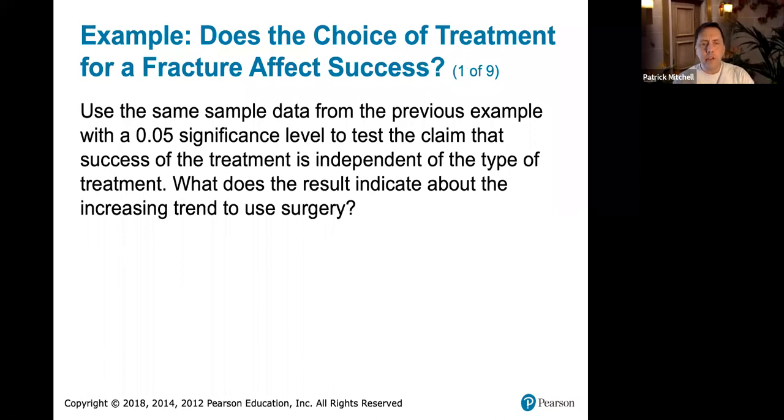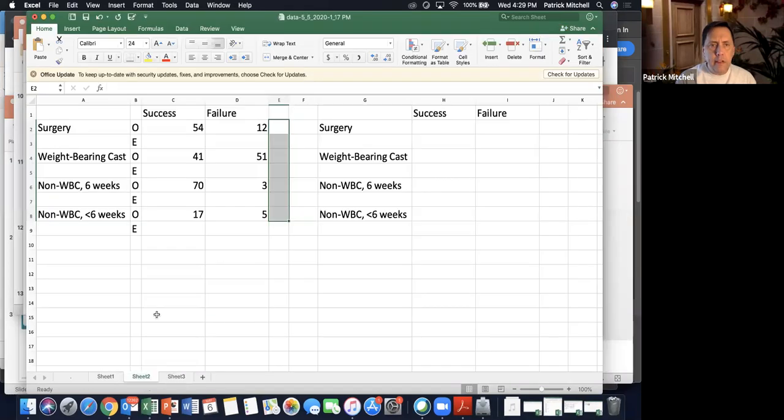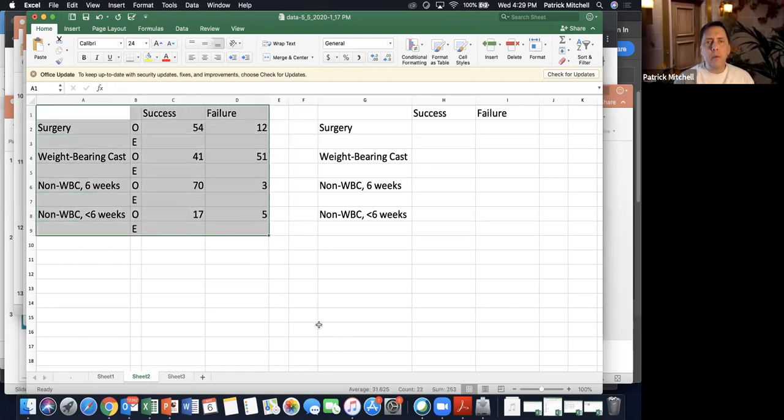Okay, so at this point, I am going to back out of PowerPoint and bring up my Excel. So you see that I've set up a table, basically just like the one that we were just looking at. Notice that I have inserted some extra space in between my rows, and that's where I'm going to put these expected frequencies.